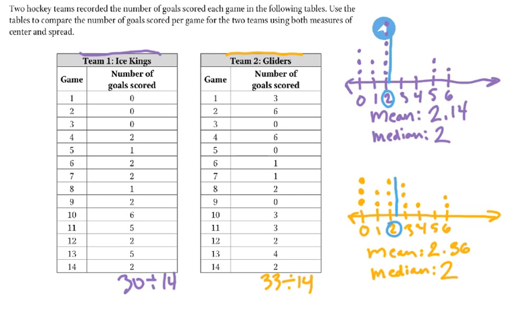Though I would say, since it seems like the majority are down here, maybe a lower variability for the Ice Kings than for the Gliders. Okay, and that's kind of just take a look at those different aspects of it when we're doing it, and that's really all we needed to do right there.